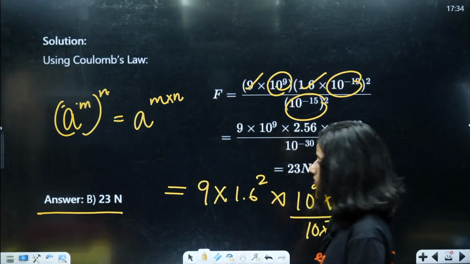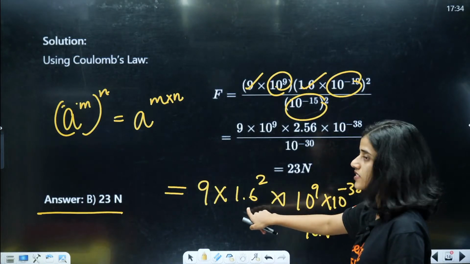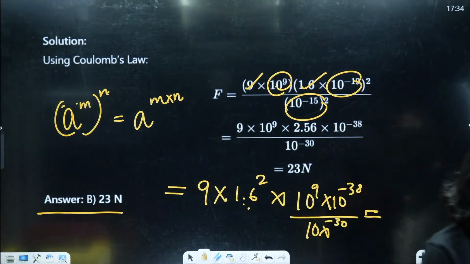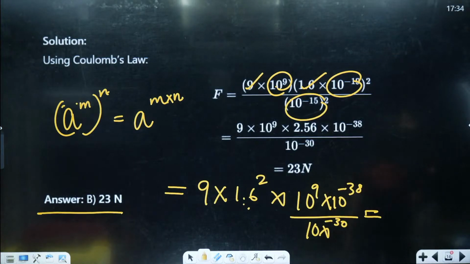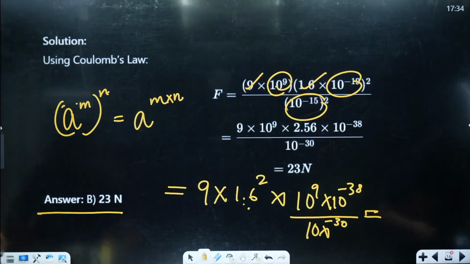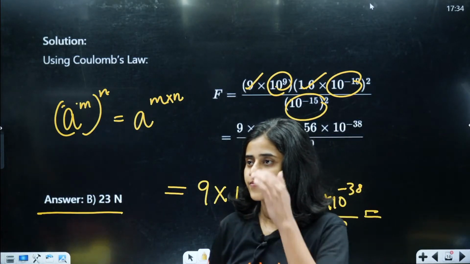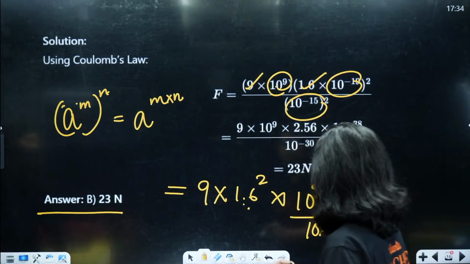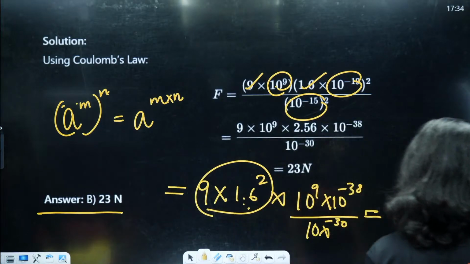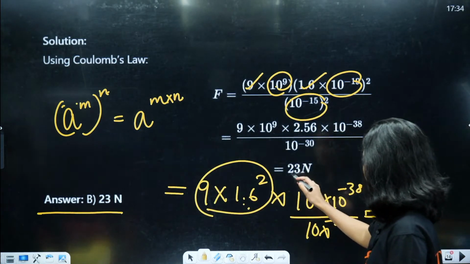Sorry, there is a square here as well, it's 1.6 square, 1.6 into 1.6. So 9 into 1.6 into 1.6 would be 23.